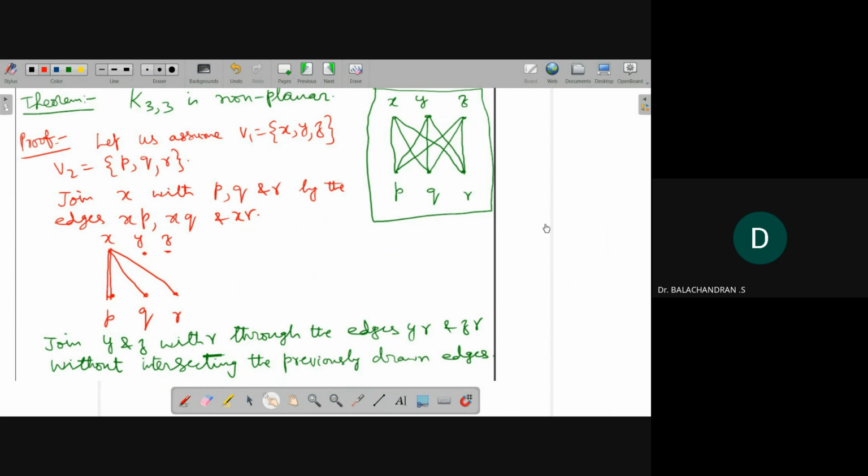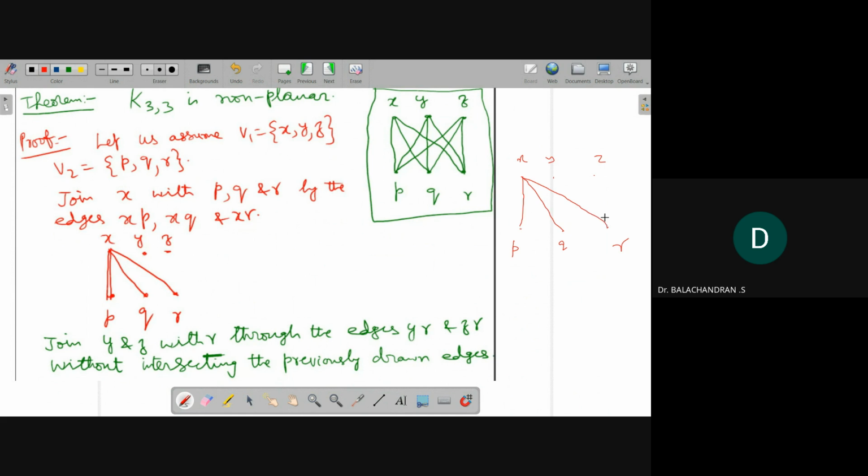Maybe I'll draw it. So X, Y, Z and P, Q, R. First step, we draw XP, then XQ and then XR.